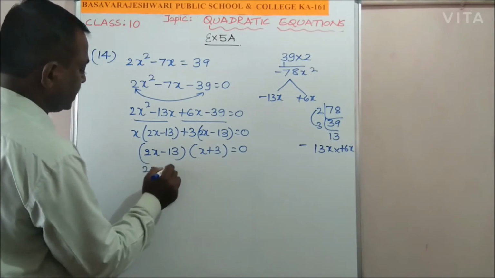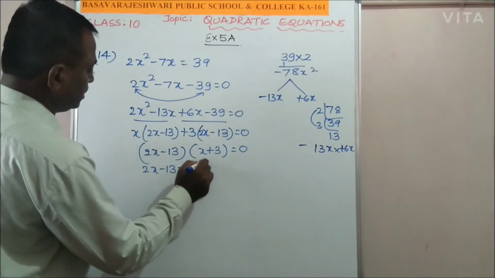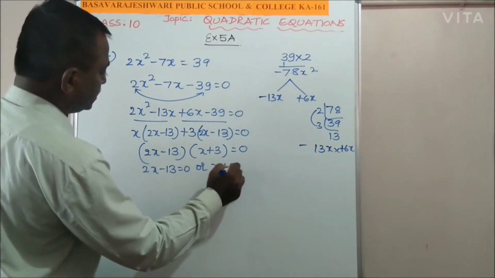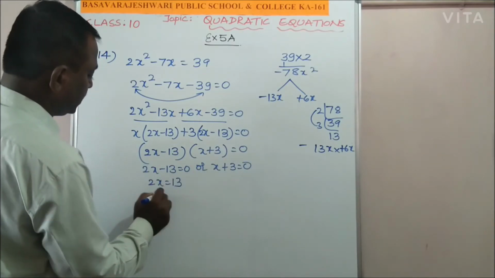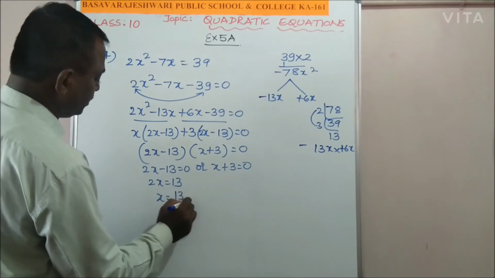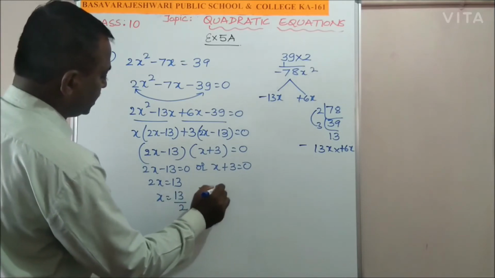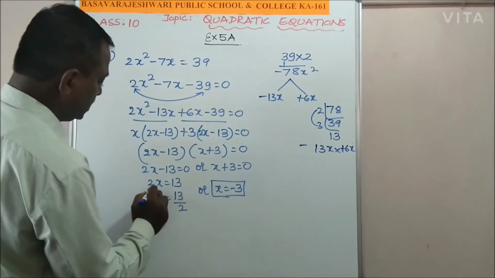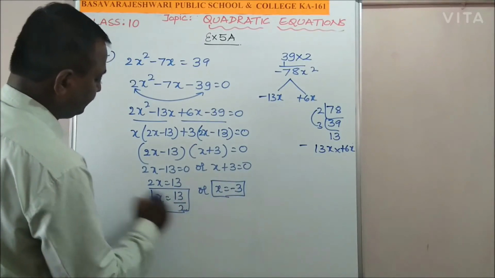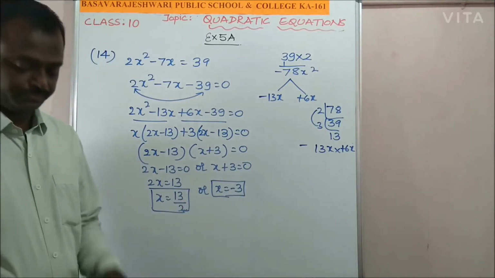Either 2x minus 13 is equal to 0 or x plus 3 is equal to 0. 2x is equal to 13, x is equal to 13 by 2, or x is equal to minus 3. So these are the solution sets. Understood?